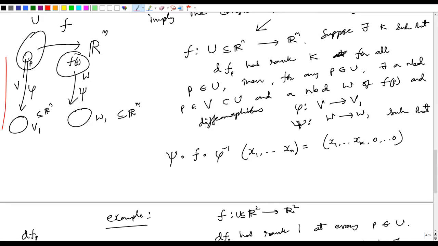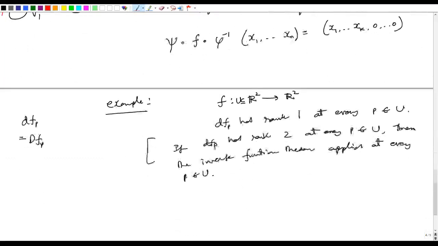So back to this picture, if I apply the inverse function theorem, I'll get a neighborhood V and a neighborhood W of f of P, such that f is actually a diffeomorphism from V to W. But what about this P and C in that case?